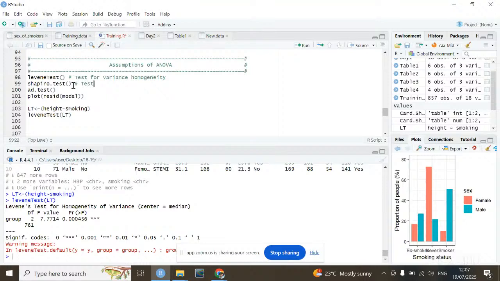The Shapiro test for normality is simple. Just write shapiro.test, then put the name of your variable. For instance, in this case, we are using height.